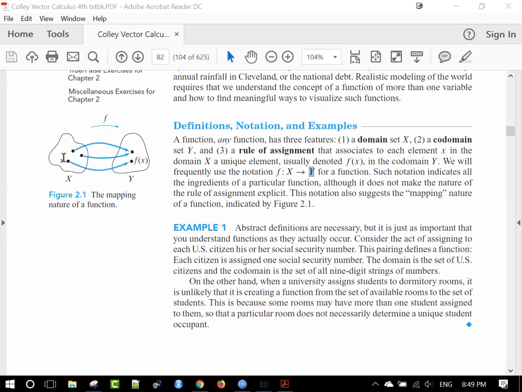So X doesn't have to be a numerical set, although for us it usually will. However, in this example, the set of US citizens is the domain. Another example is assigning dorm rooms to students. So then you would have students and dorm rooms as the two sets, the set of students and the set of dorm rooms.